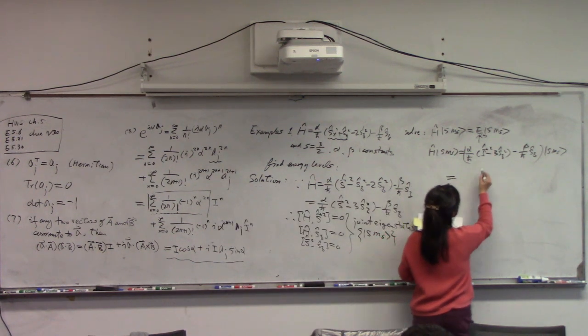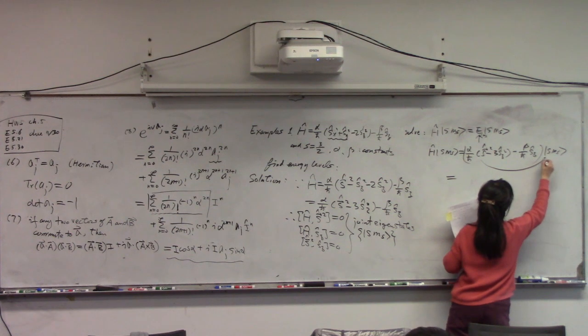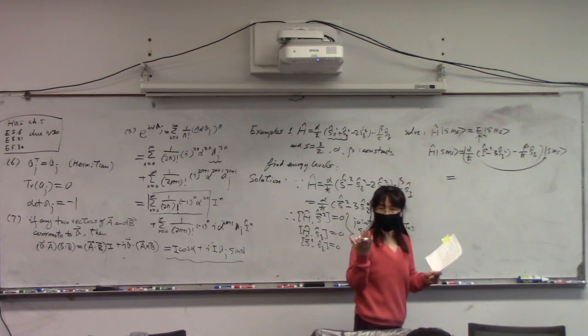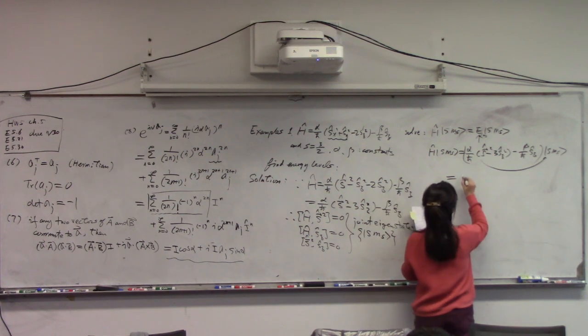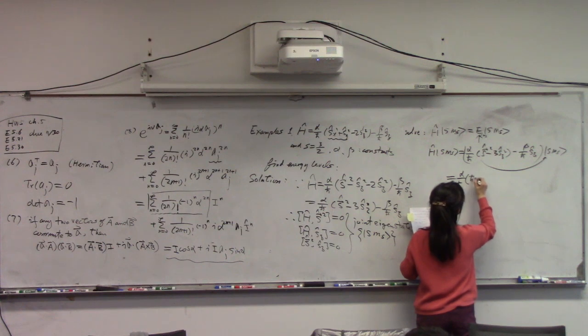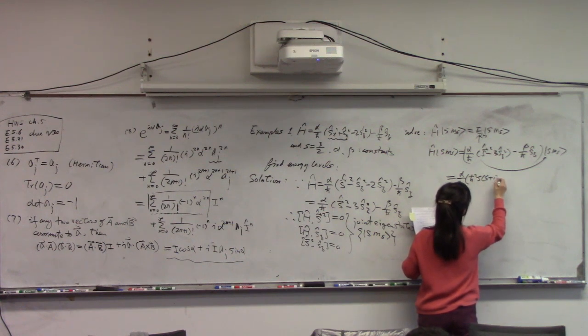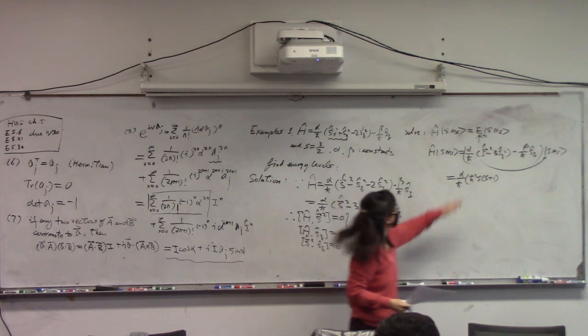The first one is S squared, and this is an eigenstate of S squared, which immediately gives us the eigenvalue h bar squared S(S+1).